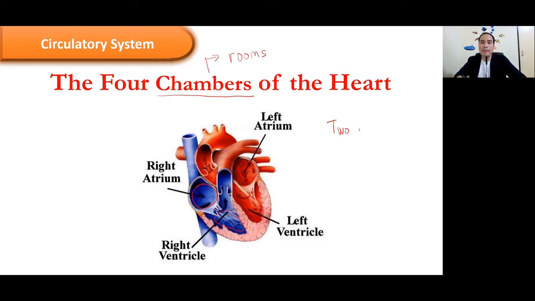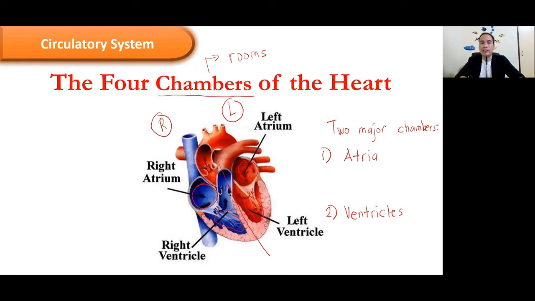So the 2 major chambers are number 1, we have your atria. And number 2 is we have your ventricles. Okay. So remember that your heart, if we are going to divide this one, here, this is the center. So this is like the right side, and this one is your left side. Atria is the plural word for atrium.